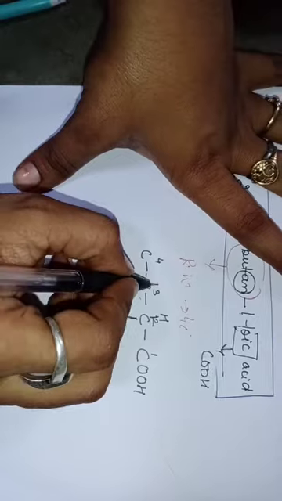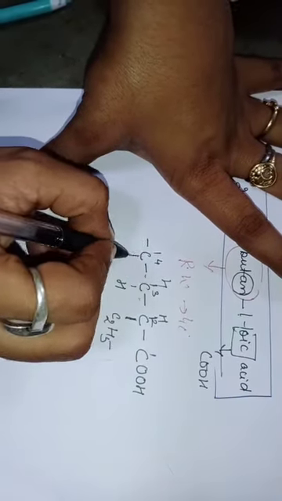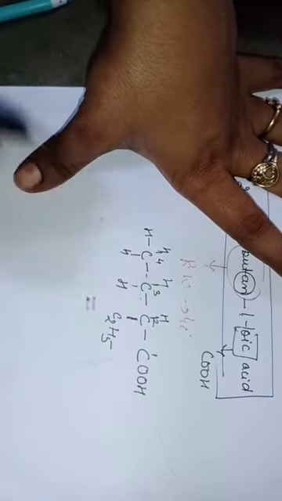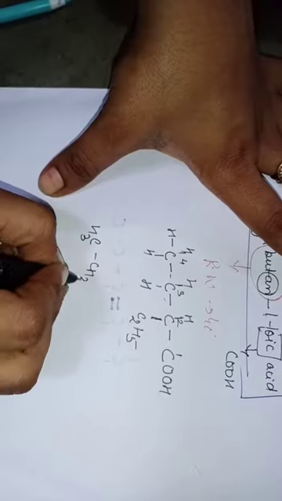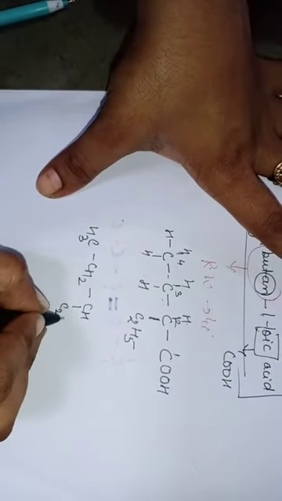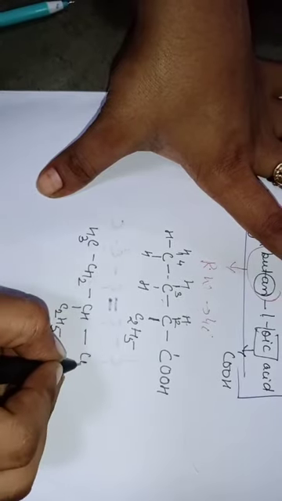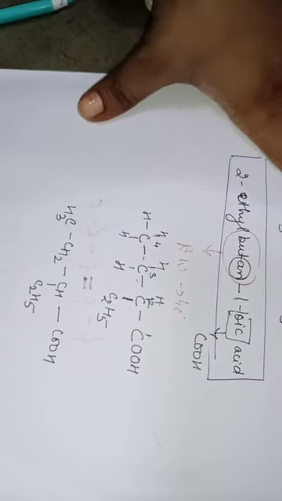The third carbon atom has 2 bonds, so 2 bonds with hydrogen. The fourth carbon atom has only 1 bond, so 3 bonds with hydrogen. See here, the structure is CH3, CH2, CH, and on that CH we have C2H5 and COOH.